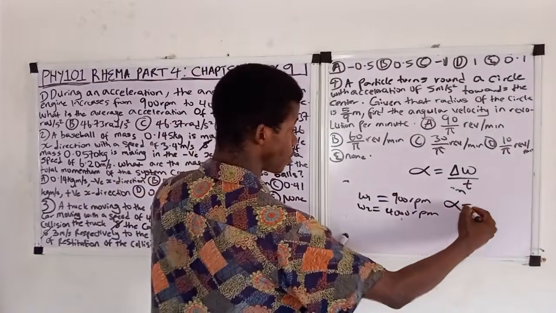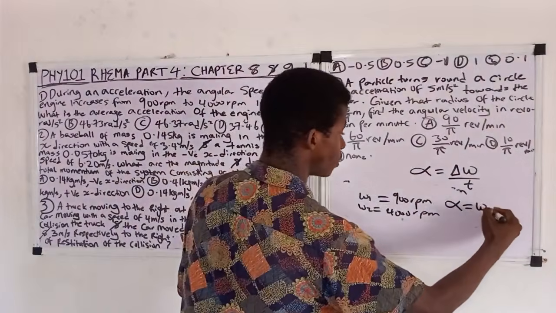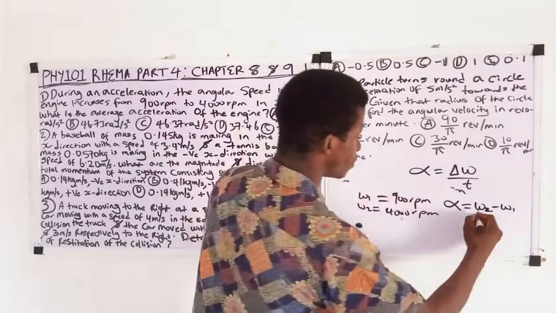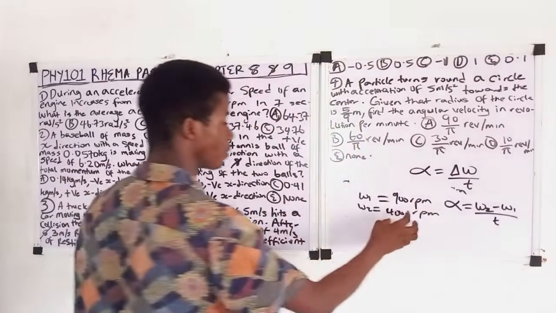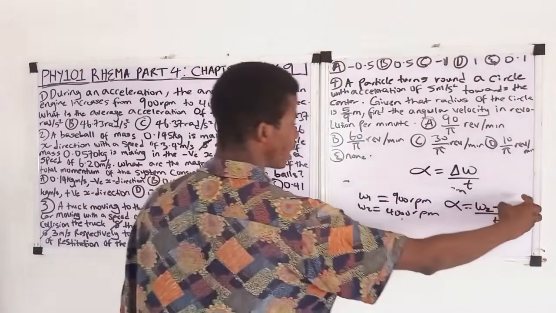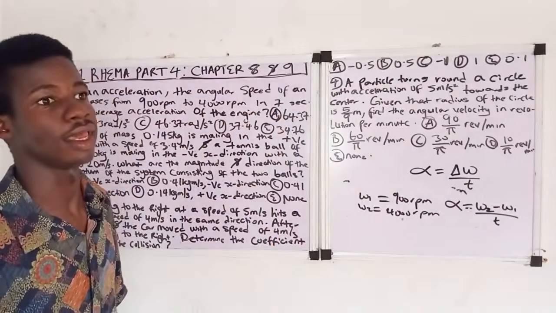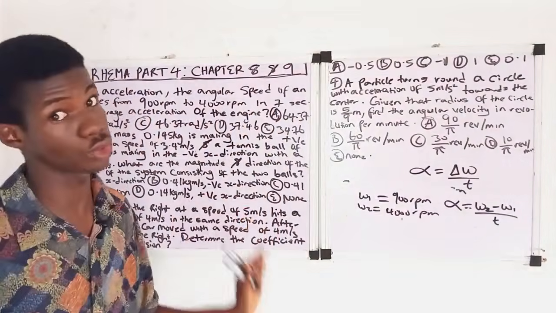Angular acceleration is equal to change in angular velocity, which is W2 minus W1, divided by T. We input our 4000 here, we input our 900 here, we subtract, then divide by time, and we get our angular acceleration.